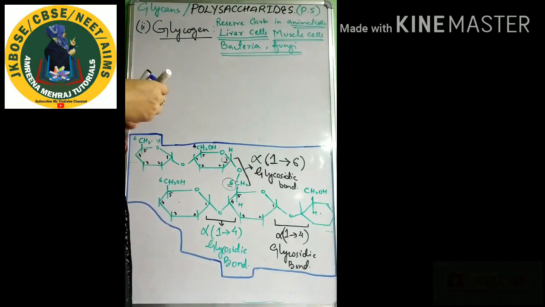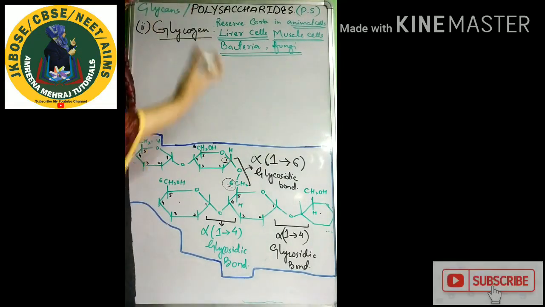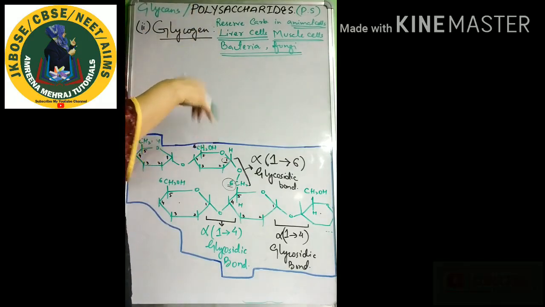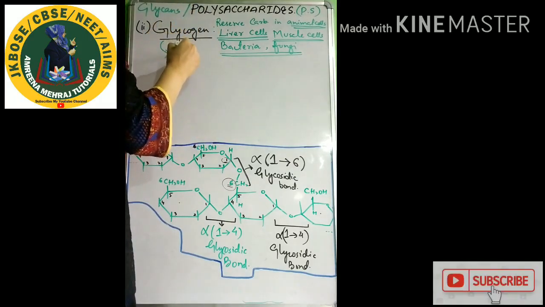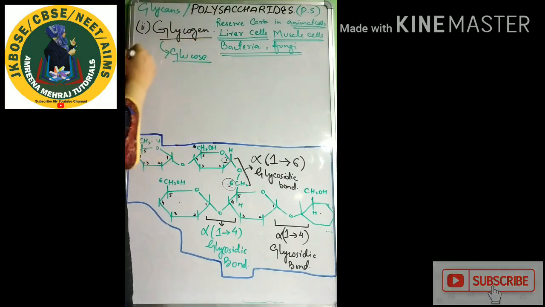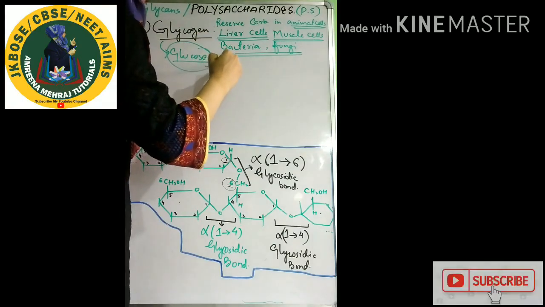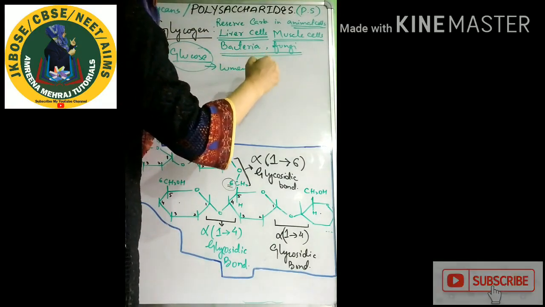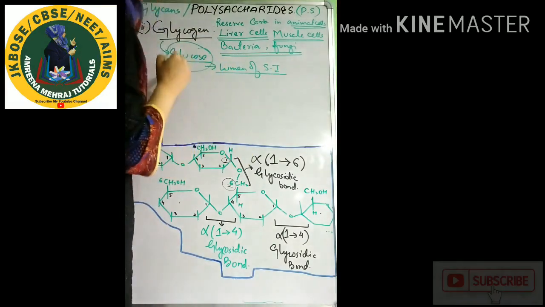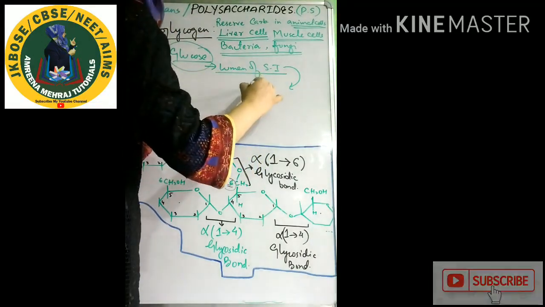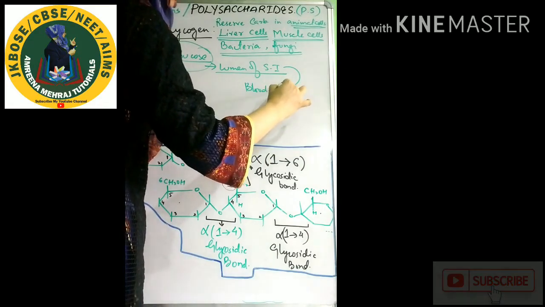You might be knowing about these terms that when you digest carbohydrates in your digestive system, glucose is sent to your blood finally after absorption. So suppose this is the glucose which is present in the lumen of your small intestine. Finally, this glucose is being absorbed and transported into what? It's transported to the bloodstream.